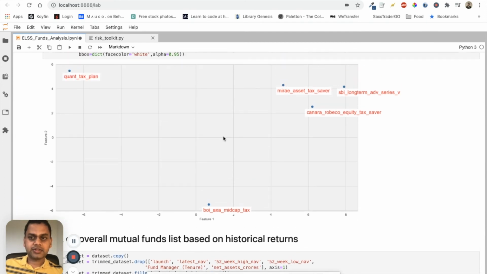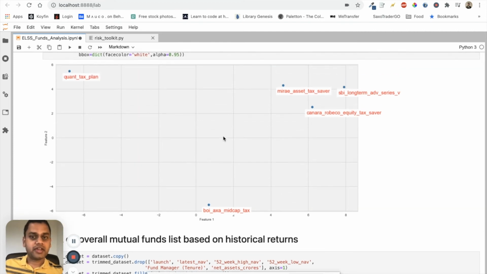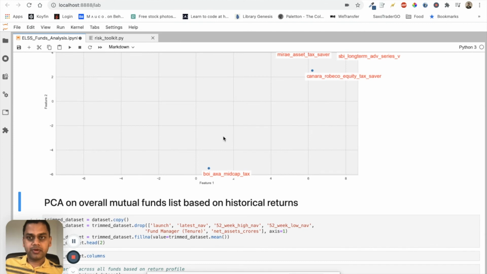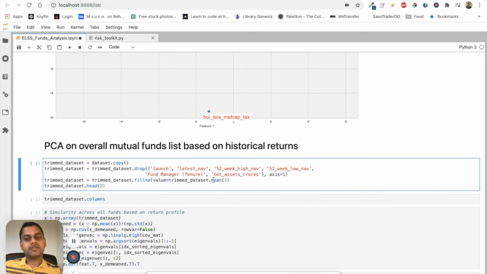So that's where I'd end, if you're just after the question of which ELSS funds to invest in. But for those who are academically interested and want to take it a step further, we can look at similarities between all of these funds.